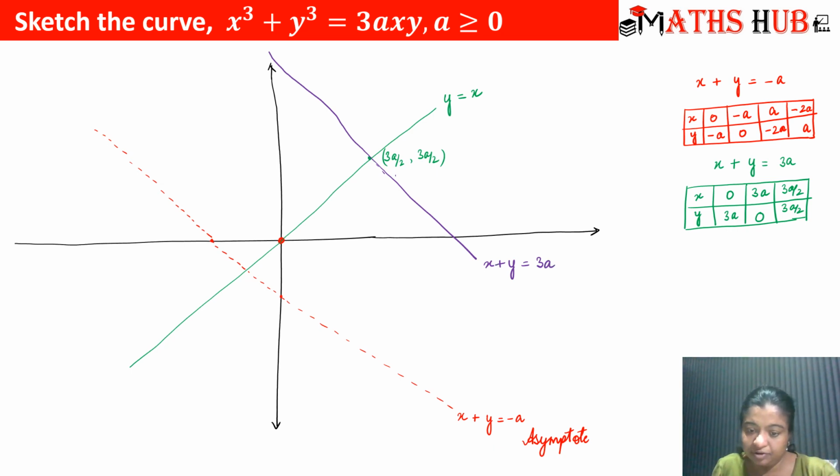Now, how shall we draw the curve? It's a node, so it's a double point. The shape of a double point is like this.